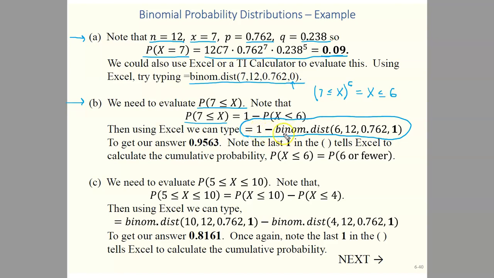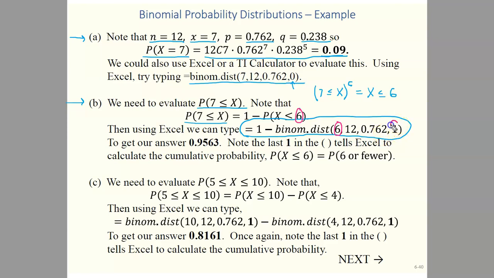So 1 minus, now let's take a look at this formula. So we type in binom.dist 6, that's this 6 right here. 12 is the number of trials. 0.762 is the probability of success.